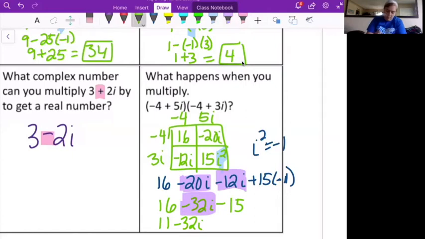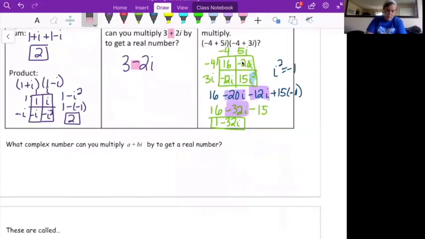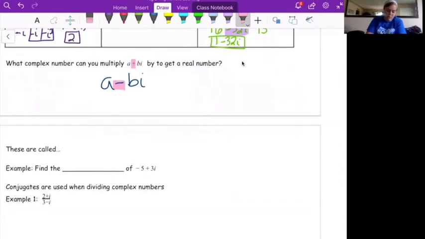Okay, so now for some notes about our complex numbers. So what complex number would you multiply a plus bi by to get a real number? So that's what I was saying up here. This would be a minus bi. And again, it's because the sign in between them is changing. And so this is what are called conjugates.